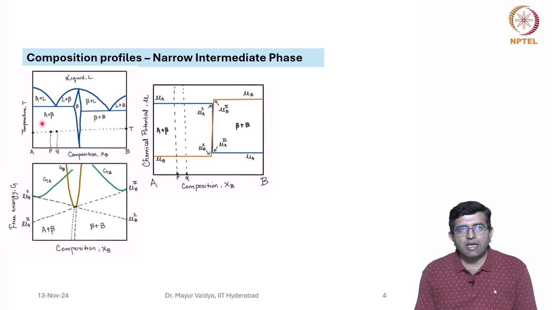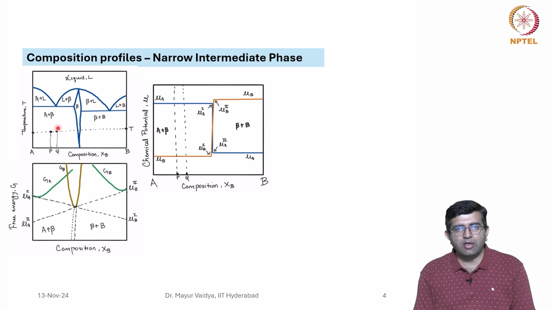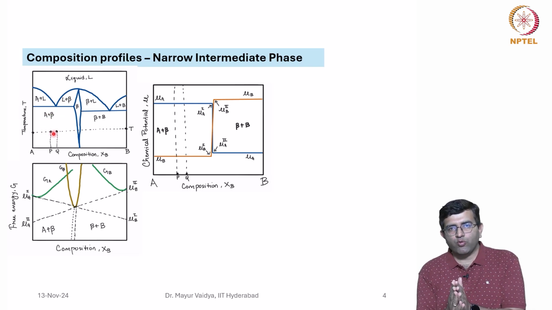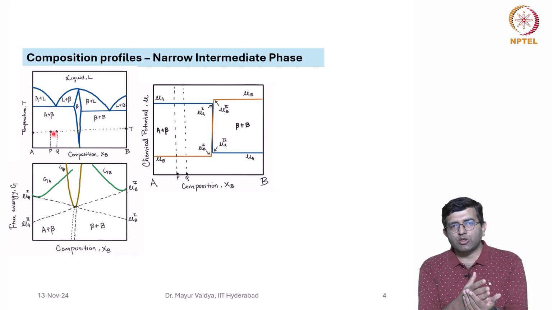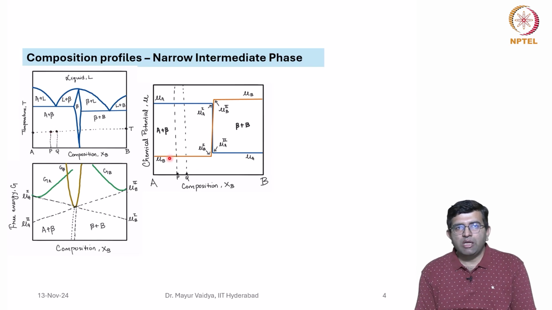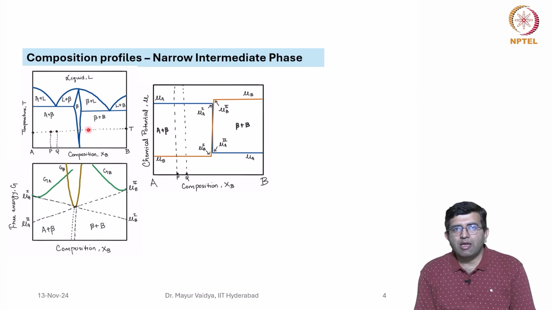See, here in this entire region, you have A plus beta existing together. And what is the condition for the equilibrium of two phases? That for each component, the chemical potential should be equal in each of the phases. So, therefore, the mu B will remain constant in this entire region.